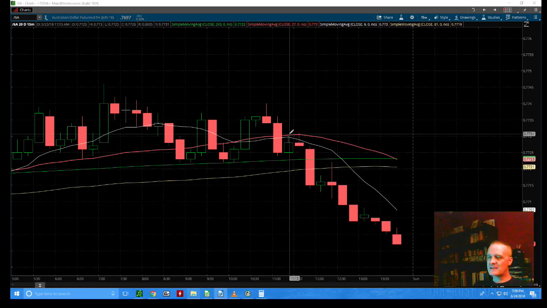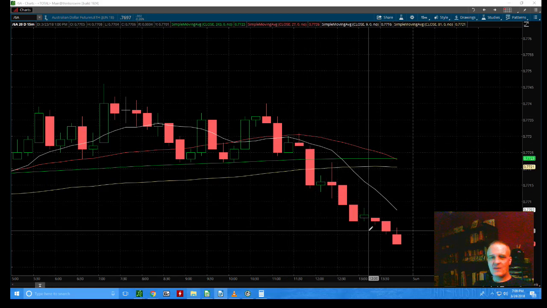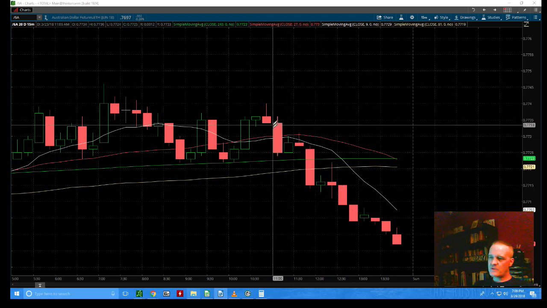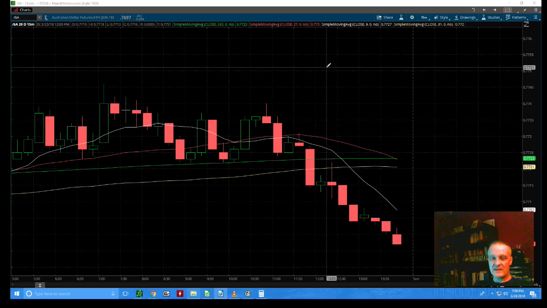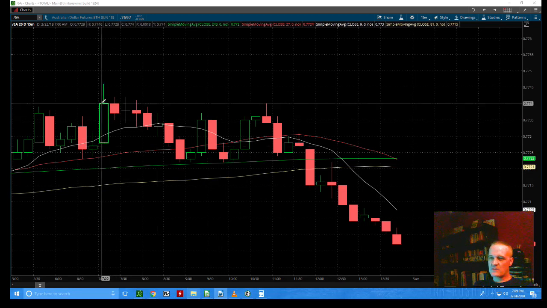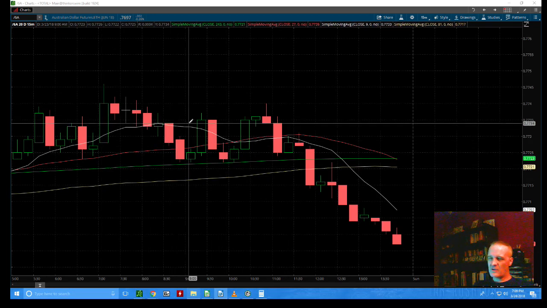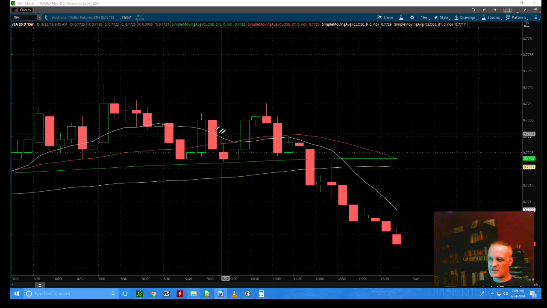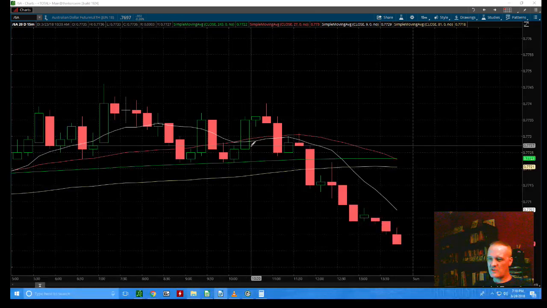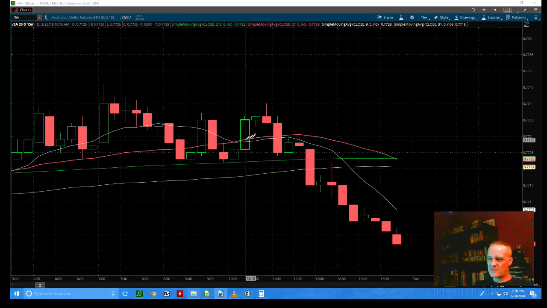You could use that as a signal that a downward trend is starting. So some traders use a pull away like that as an entry signal or as an exit signal. You can also use crossovers. So here you can see that this faster moving average started to cross over the slower moving average, and it took some time for that to happen.